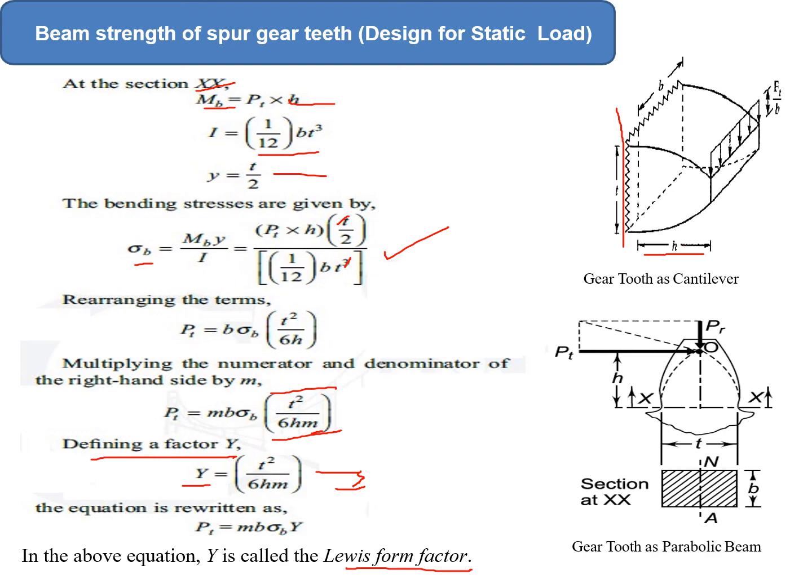So substituting this y, the formula is Pt is equal to mb sigma b into y, where m is module, b is face width, sigma b is the bending stress, and y is the Lewis form factor, where Pt is the tangential load.